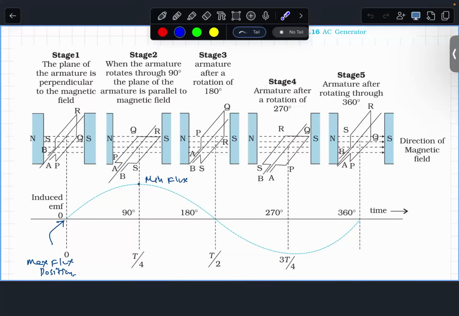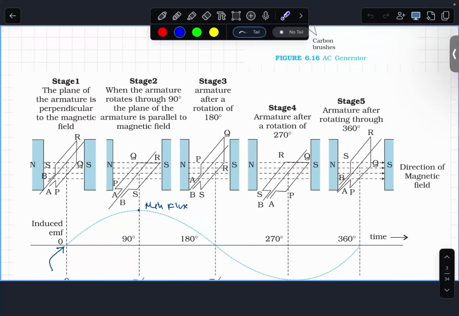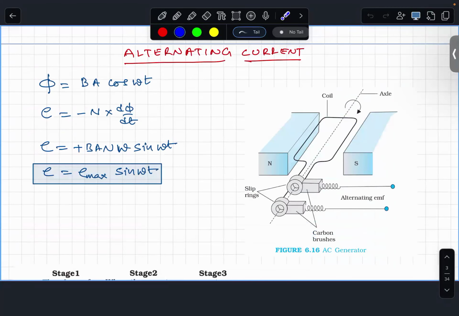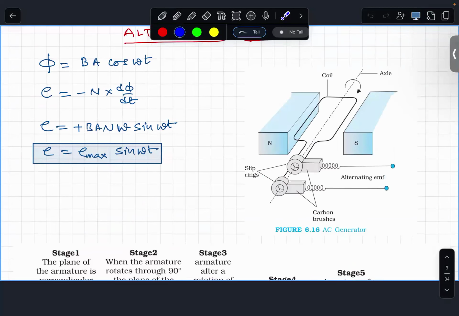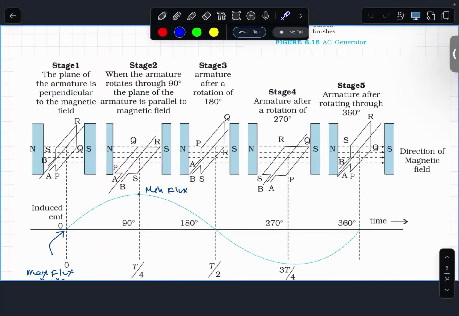You already know when flux is maximum, EMF is 0 on the basis of this function. When flux is maximum, cos omega t is 1, or cos omega t is minus 1. In all these cases, sin omega t is 0. So in this case, EMF is 0. In this case, EMF is maximum.